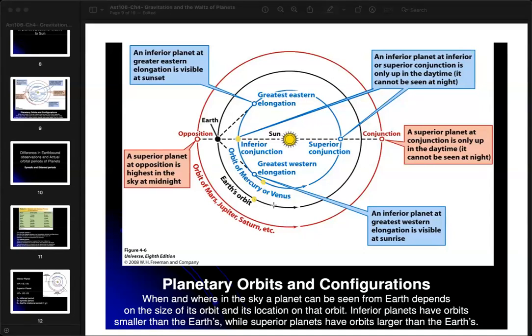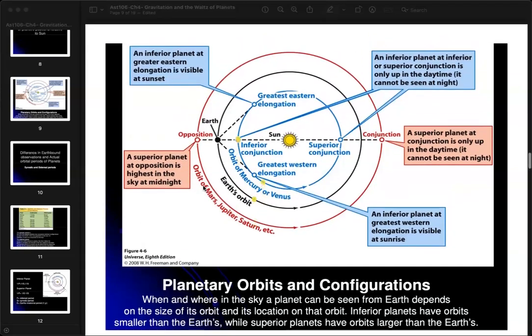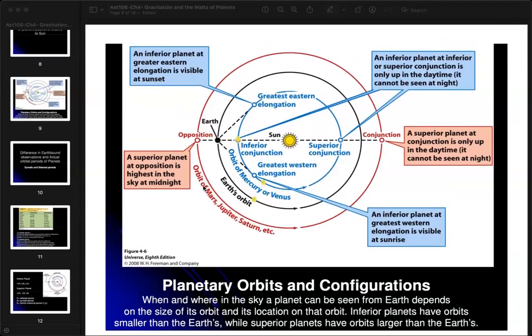However, the understanding of mathematics and geometry allows us to do some calculations and use the synodic period to calculate the sidereal period, which is the actual period.